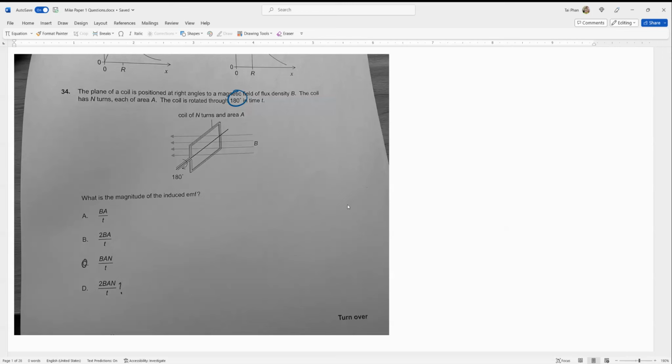During this flip, the flux goes from the maximum flux at the initial time, decreases to zero flux here, and then increases to maximum again. The flux varies like this.